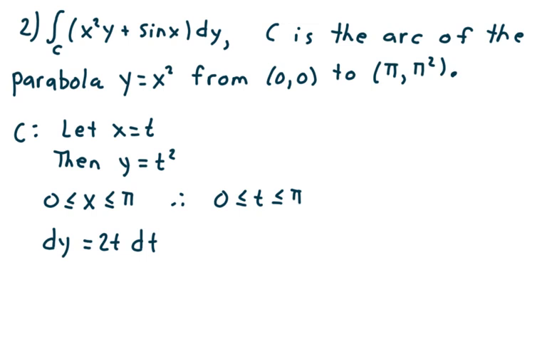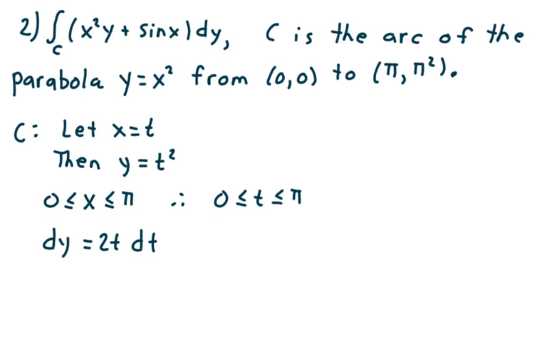This one's the integral over C of x squared y plus sine of x dy, where C is the arc of the parabola y equals x squared from the ordered pair (0, 0) to the ordered pair (pi, pi squared). Now, here's the typical way we parameterize a parabola.